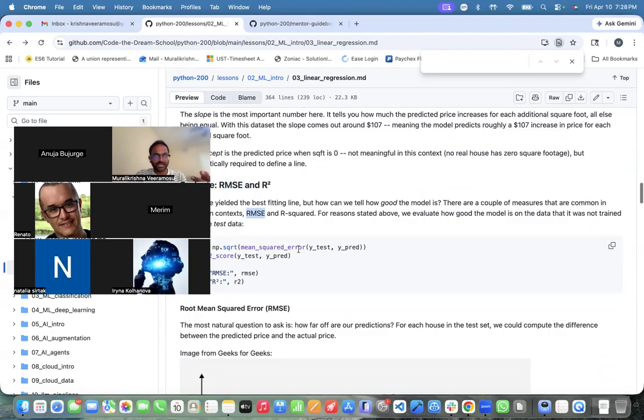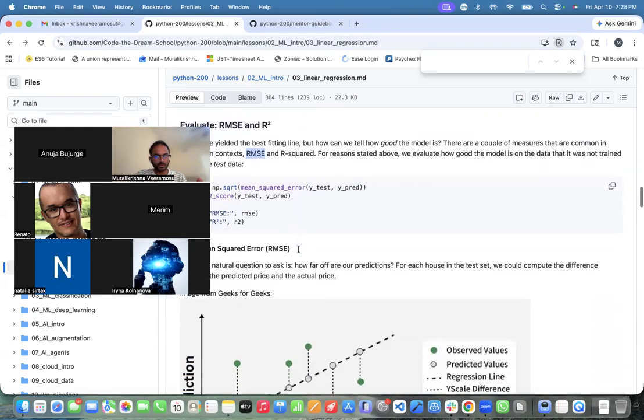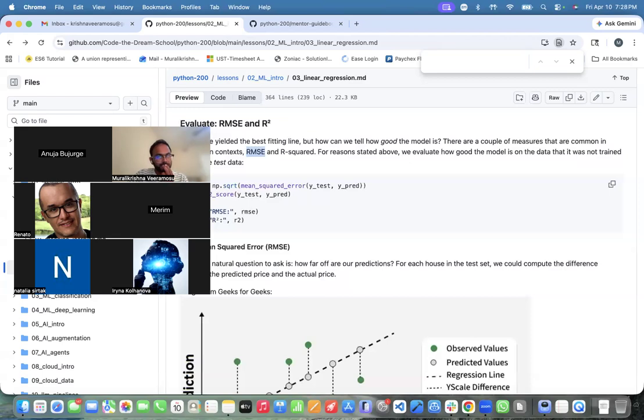It basically gives the error of the model. Ideally, the error should be 0, right? That's what we look for. And this is how you get the root mean squared error.